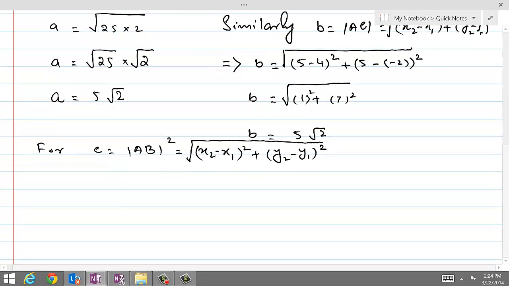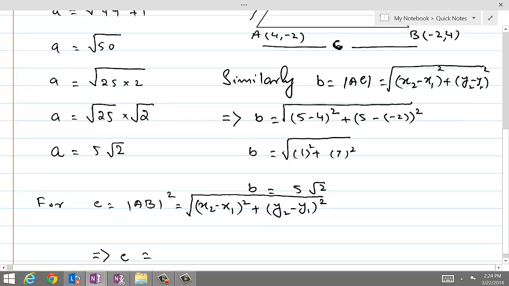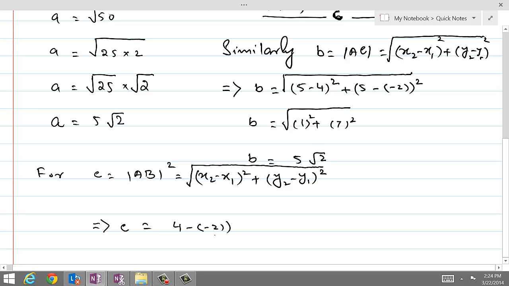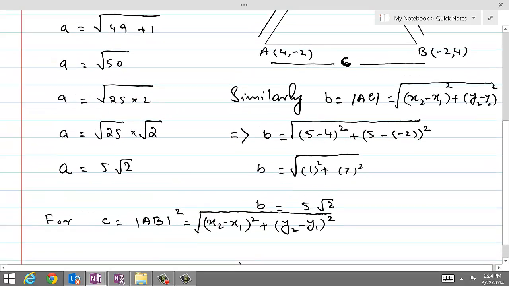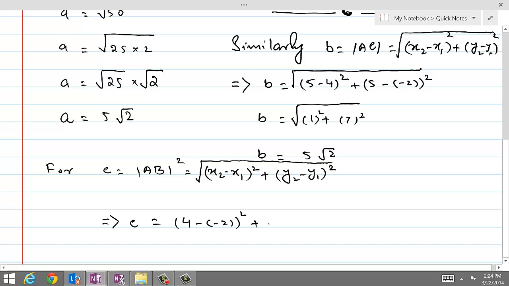So this will give us c equal to the square root of (4 minus -2) whole square plus (-2 minus 4) whole square.